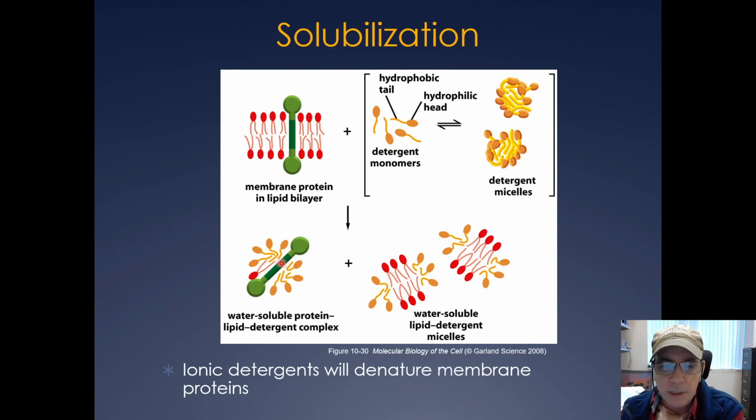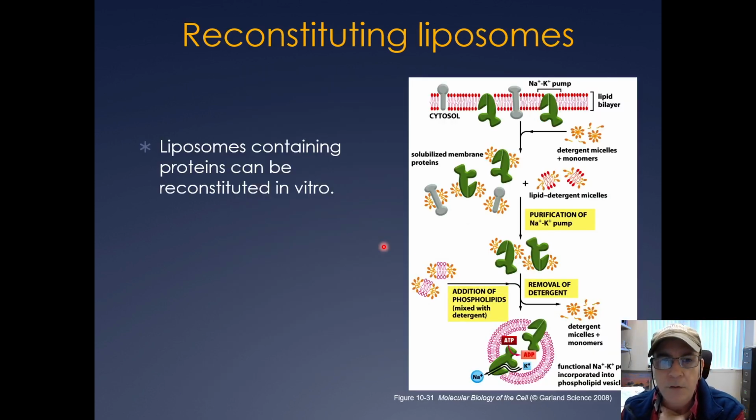And you can do all kinds of cool stuff with this. You can not only purify whatever protein you want, but you can also reconstitute liposomes. To give you an example, here is your lipid bilayer with your transmembrane proteins, and let's say you wanted to purify this sodium-potassium pump to study how it works. You would add in detergents above the CMC, the critical micelle concentration, that would solubilize the membrane proteins and form lipid-detergent micelles.